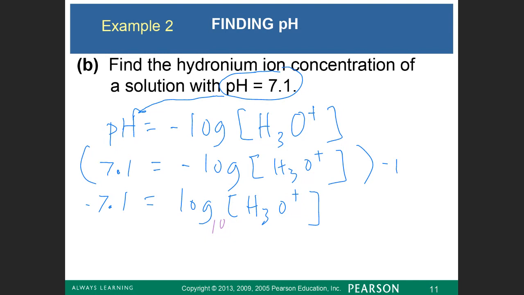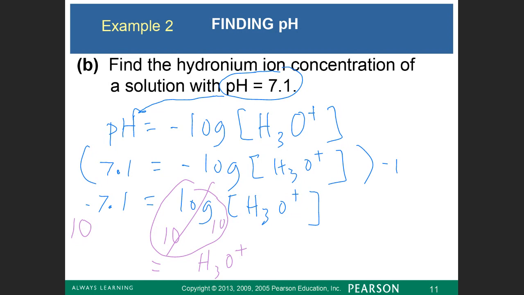Applying the theorem of inverses, you can put a base of 10 here and raise this to log with base 10 of H3O plus, and do the same thing on the other side, 10 raised to the power of negative 7.1. And this log function cancels out.